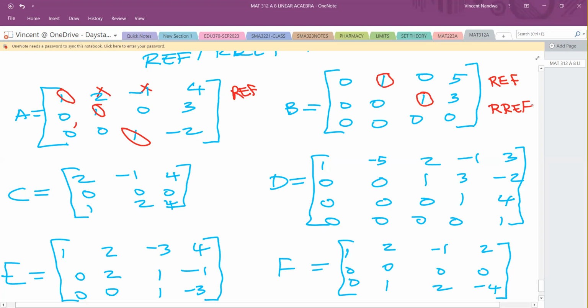C, is that matrix in row echelon form? Why?